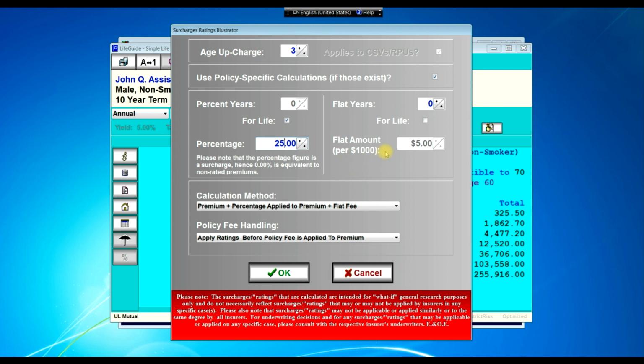And we are going to apply a $3 flat extra.